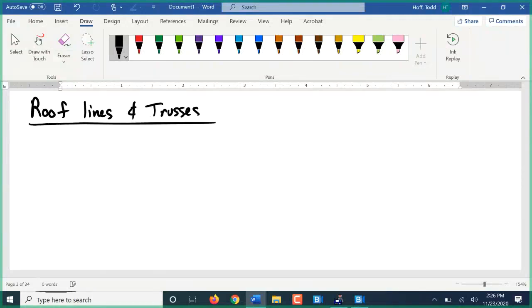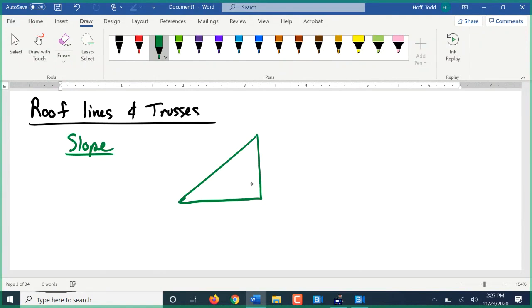And to talk about that, we first have to talk about slope, not just of a line on a graph, but how it applies to a truss. Let's just look at a monoslope truss here. Single slope is what that means.